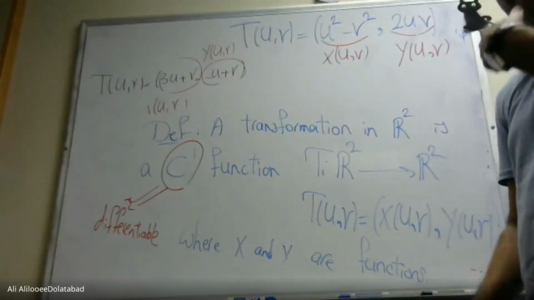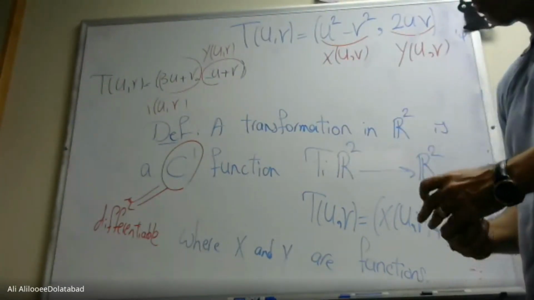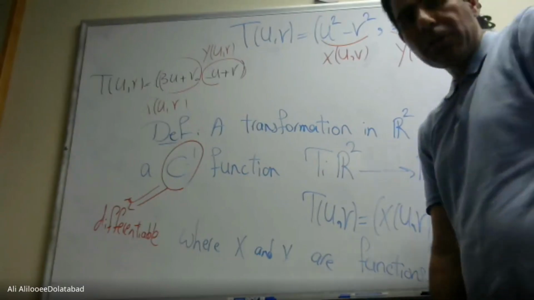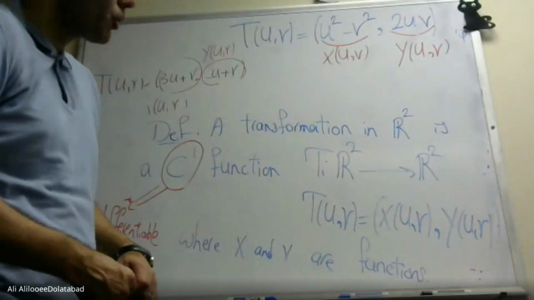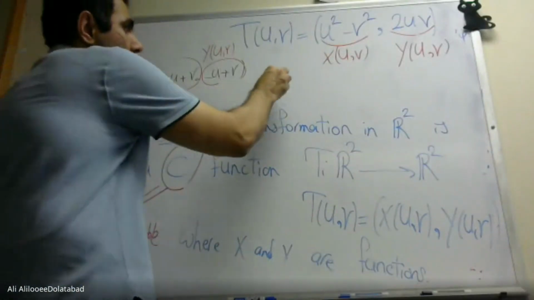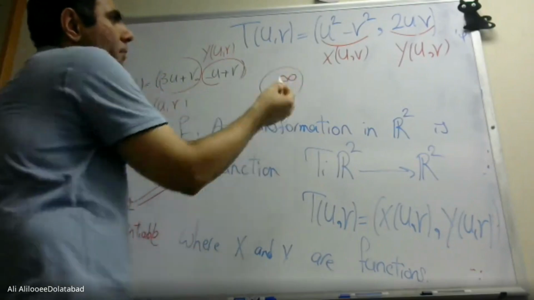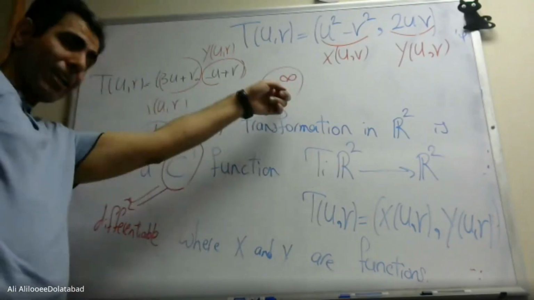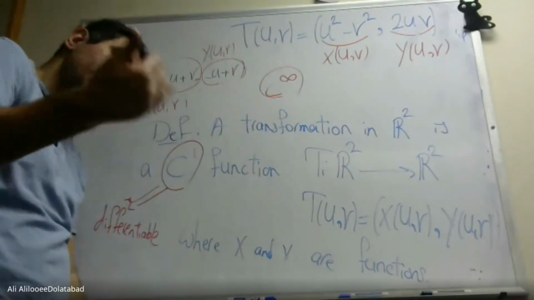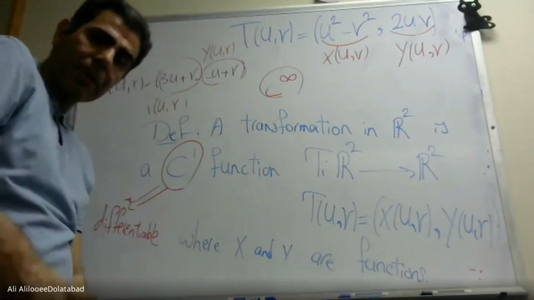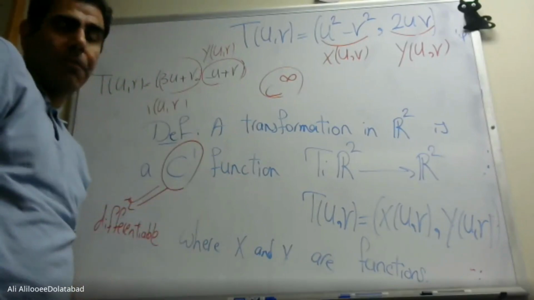It's possible to have functions which are two times differentiable, and it is possible to have a function which is differentiable infinitely many times. When you have a function which is differentiable infinitely many times, we write C to the power of infinity. This is actually a very interesting space in geometry.